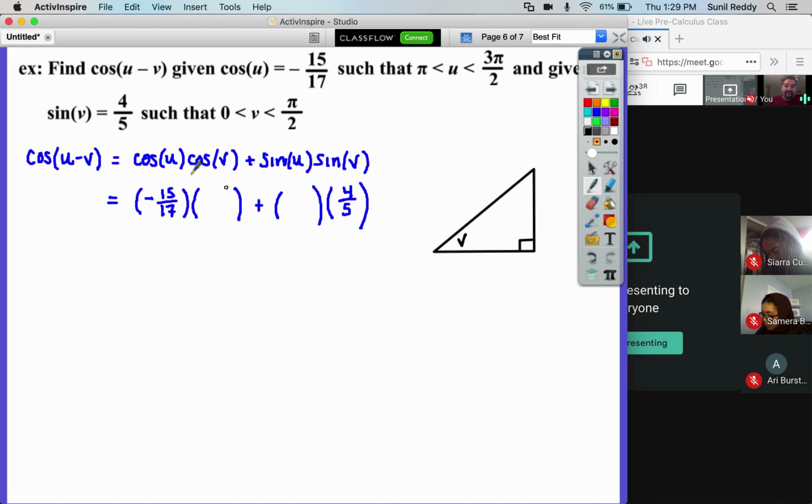And the information I have about v is that the sine of v is 4/5, which means if v is this angle here in my picture, the opposite is my y, which is 4. The radius is 5. And so the unknown thing is my x. And I can find x using the Pythagorean theorem. x squared plus y squared should equal r squared.